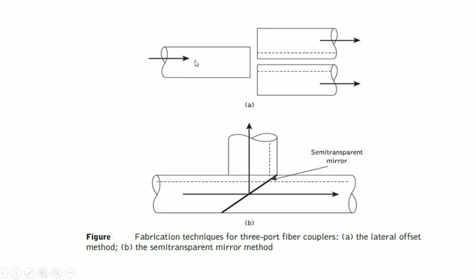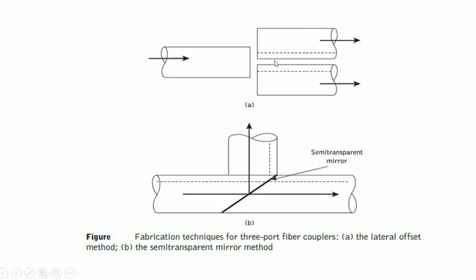We can have well balanced power distribution by appropriately controlling the amount of lateral offset between the fibers. Lateral means axis.